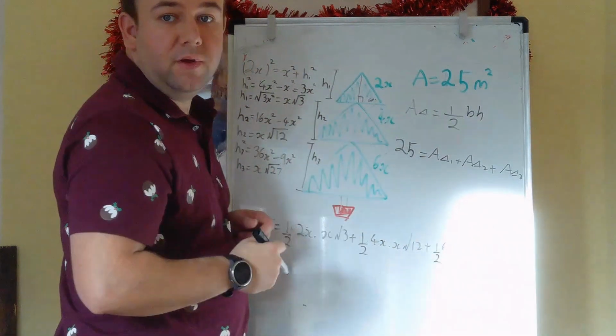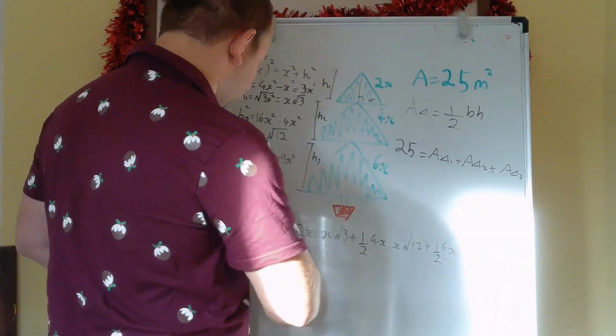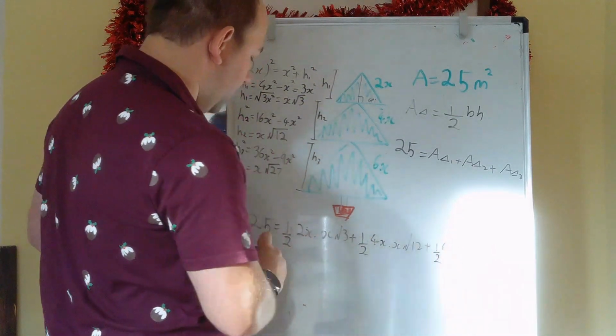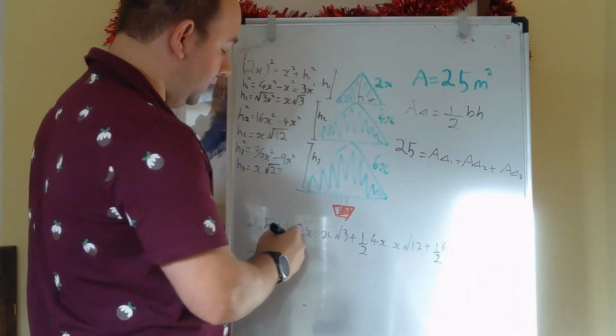So now we just have to multiply through by all of these. So we got 25. So I'm going to have a half times 2, which is 1.